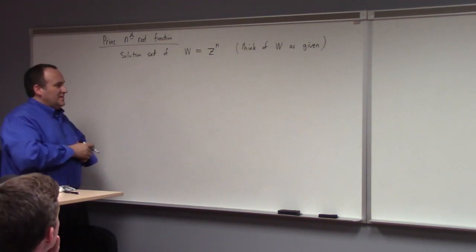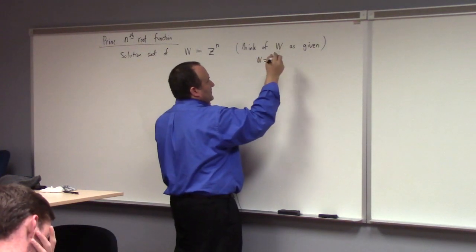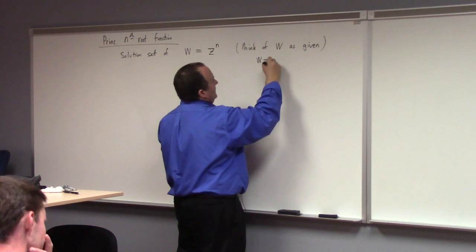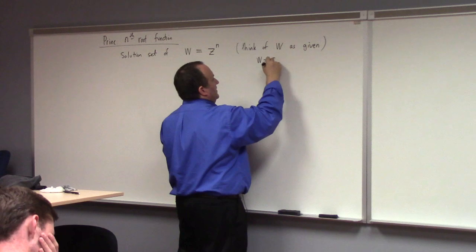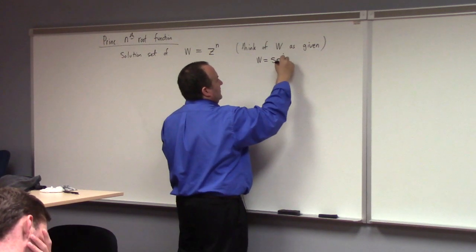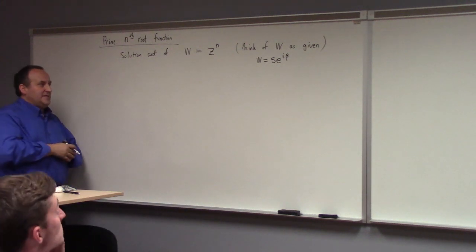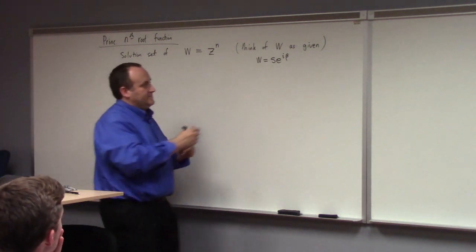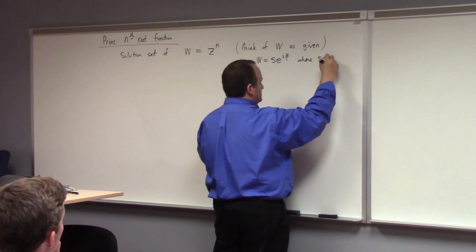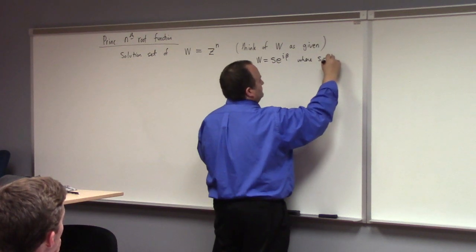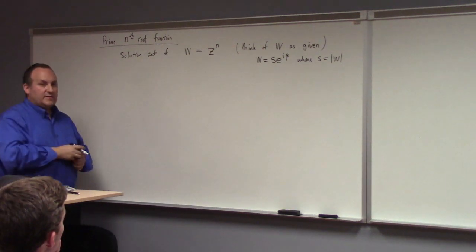Of course, w being given, we can write w equal to s e to the i beta. So we can find a magnitude, where s is the modulus of w, and beta is some argument of w.